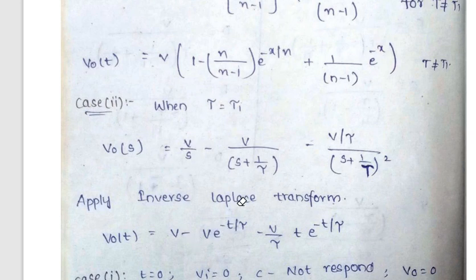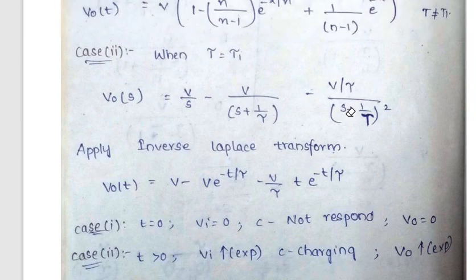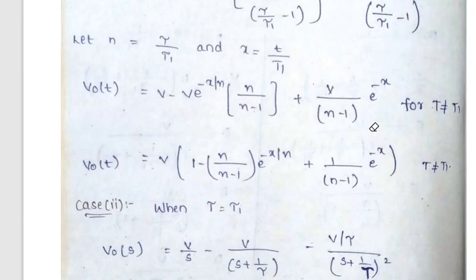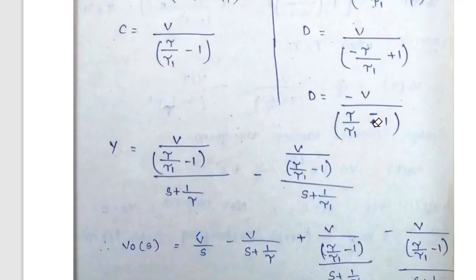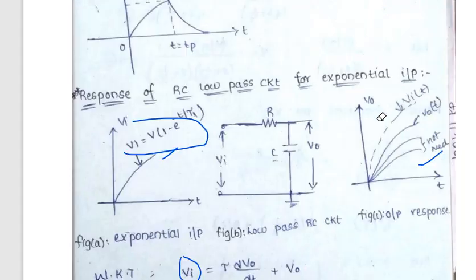Therefore, V minus V into e power minus t by tau, minus V by tau into t into e power minus t by tau. This is the expression for output response of low pass RC circuit for exponential input if tau is equal to tau 1. So this is the response of low pass RC circuit for exponential input signal.